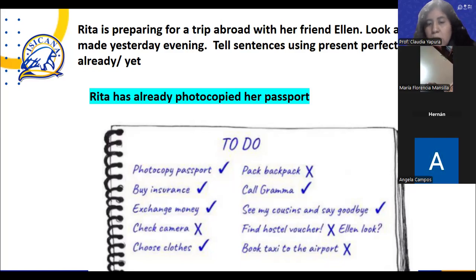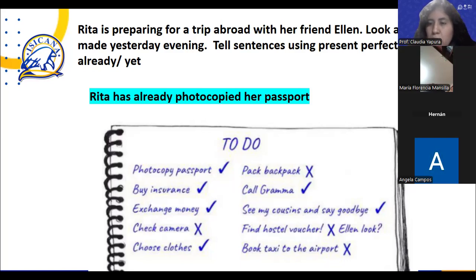Teníamos see, saw, and seen. Sorry for the noise, but I'm next to the street. Entonces, vamos a buscar, recuerden los verbos, sí, yo creo que les pasé una lista con los verbos en pasado y al lado hay una otra columna que serían los verbos que vamos a utilizar para el presente perfecto. ¿Bien? En este caso sería Rita has already seen her cousins and said goodbye.